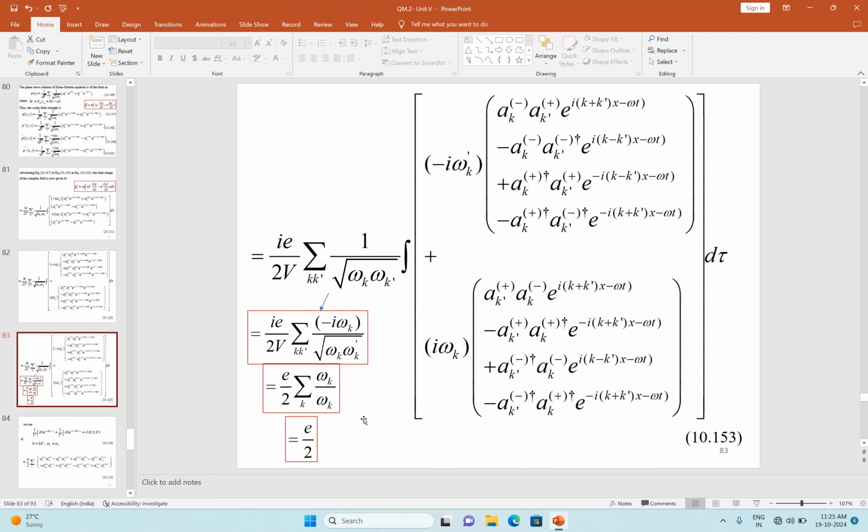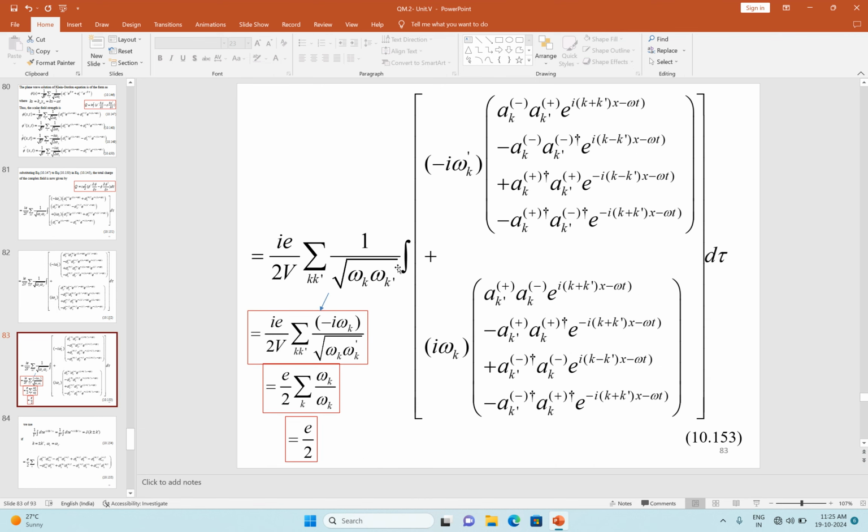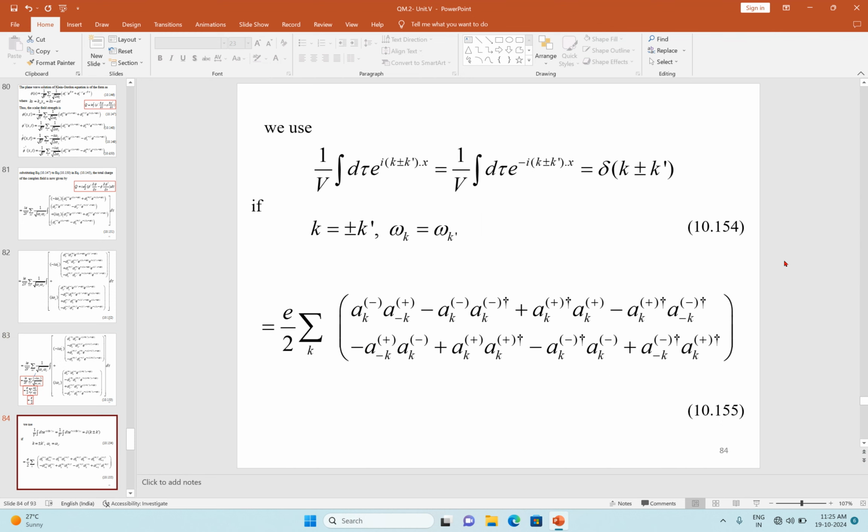Now this v also can be removed using this Kronecker delta function. That is, in the previous slide we have the integration. So this is integration over d tau, that you have to remember. So this integration over d tau 1 by v integration over d tau e power I k plus or minus k prime times x, which is equal to 1 by v integration d tau e power minus I k plus or minus k prime x, that can be written as delta function of x plus or minus k prime, provided k equals plus or minus k prime and omega equals omega k prime.